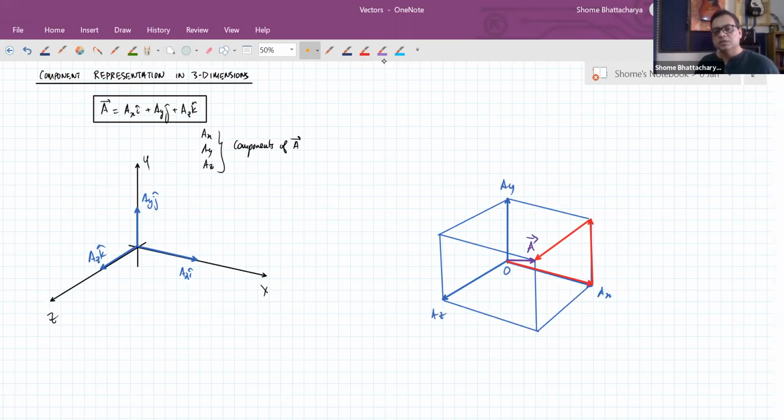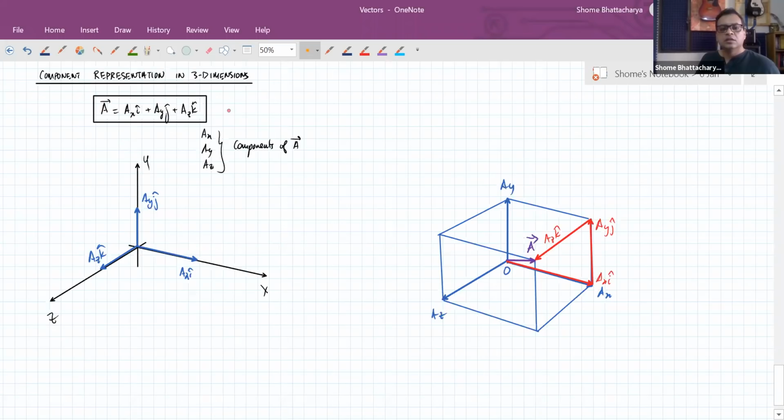Geometrically, you're displacing yourself from the origin along the x-axis by ax, then perpendicular to it along the y-axis by ay, then perpendicular to it along the z-axis by az to get to this point. So your net displacement is from the origin to this opposite corner.